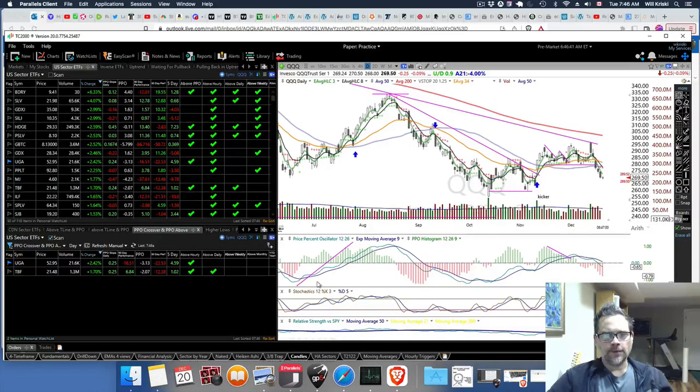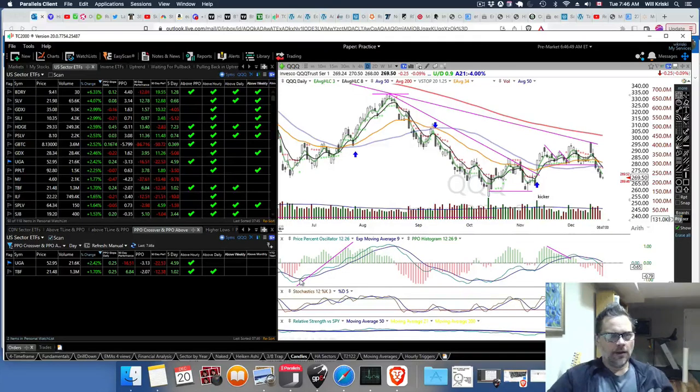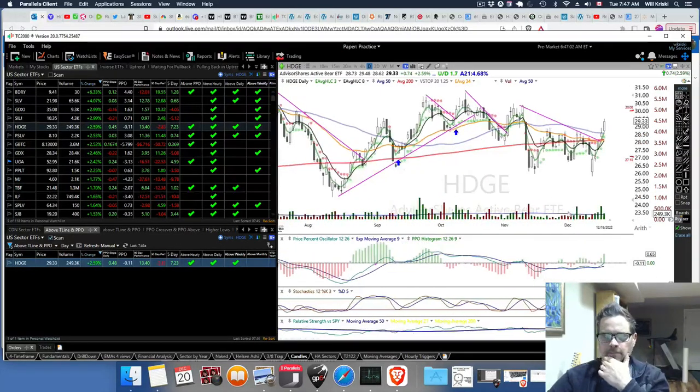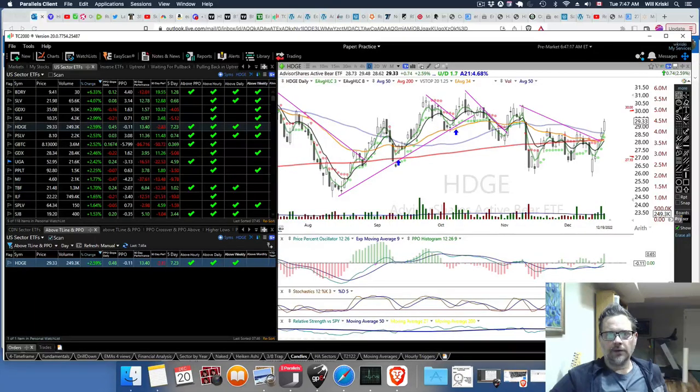Sometimes it can reverse back down, but you can go back so many bars, you don't have to say it's instantly. So I look for a cross, I look for the PPO to be above the moving average. You can also look for something that is above the 8 EMA, because you don't necessarily want to get in when it's below the 8 EMA. Like right here, the price percent oscillator is above, but you're having this pullback.